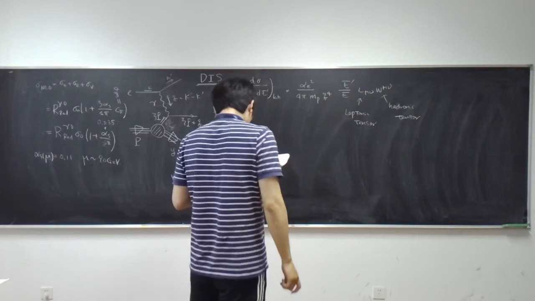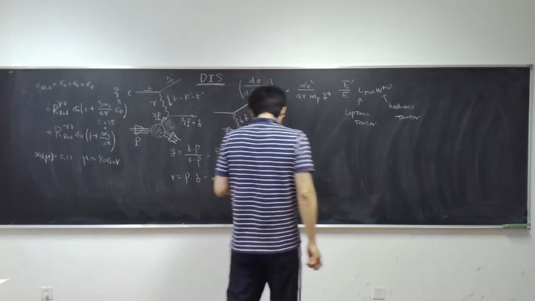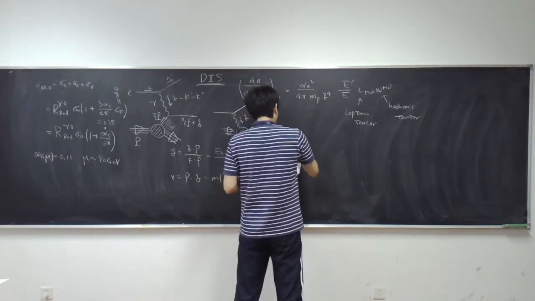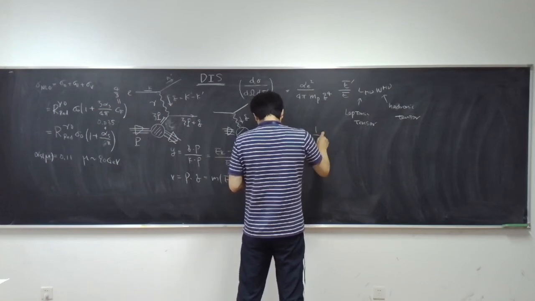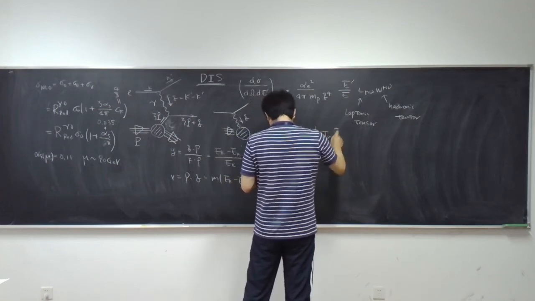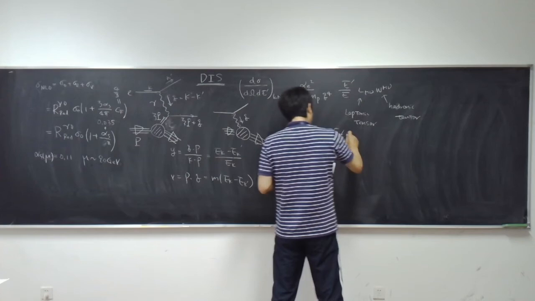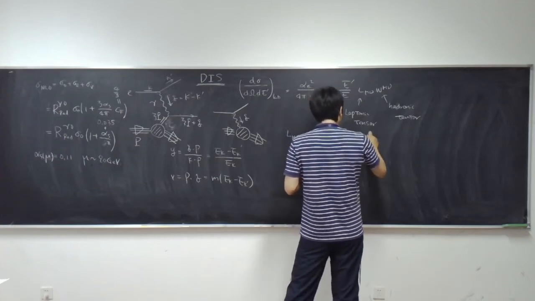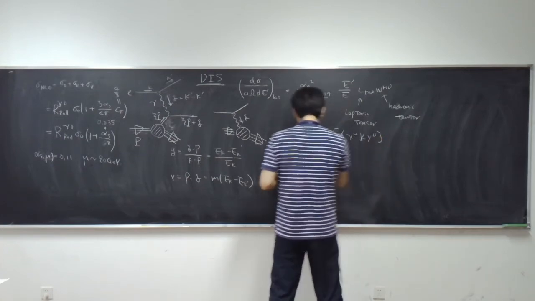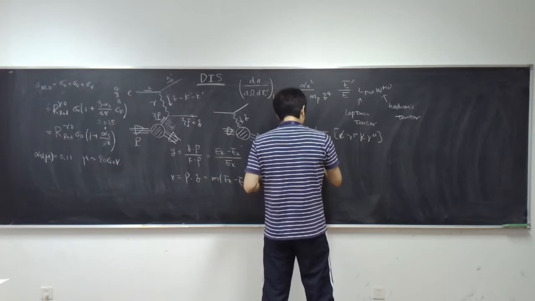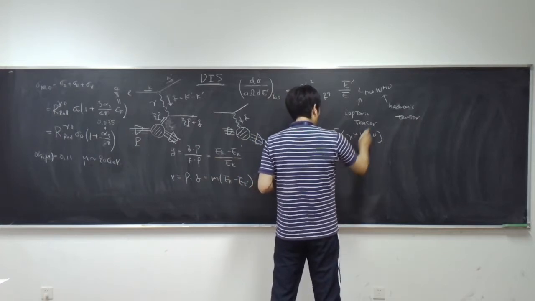This L mu is easy to obtain, which is trace of K slash gamma mu, K prime slash gamma mu.